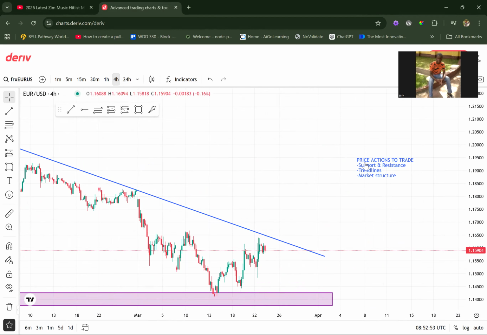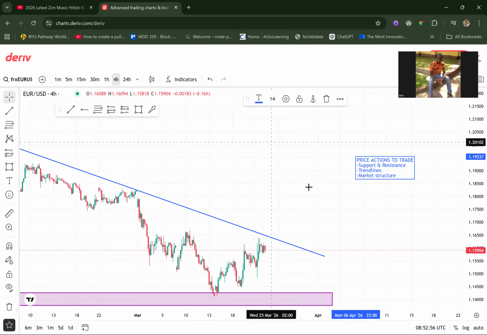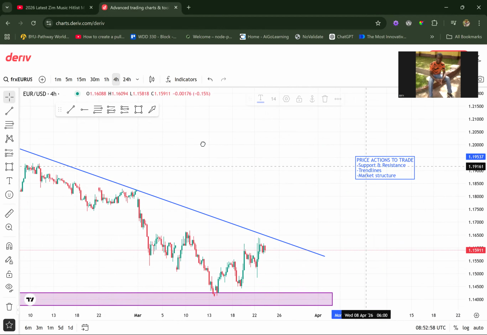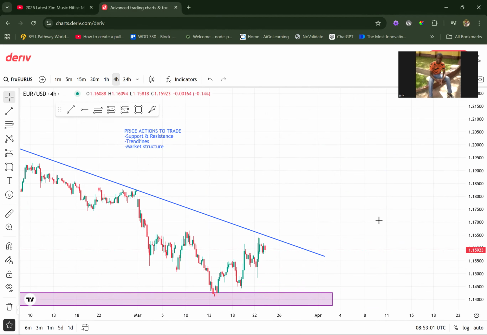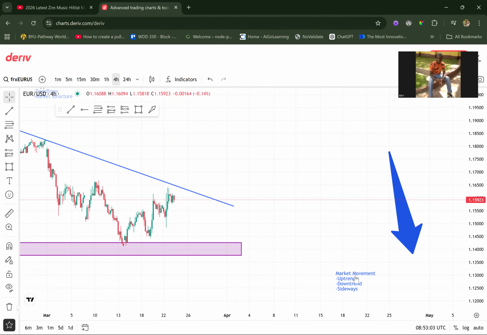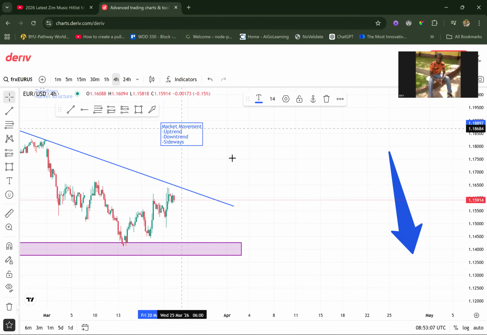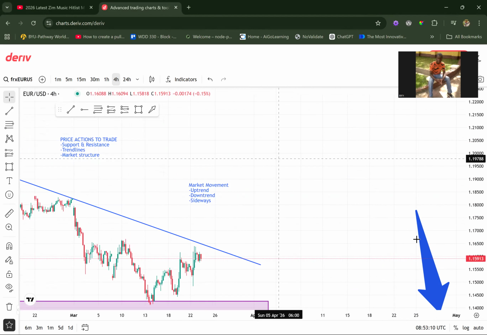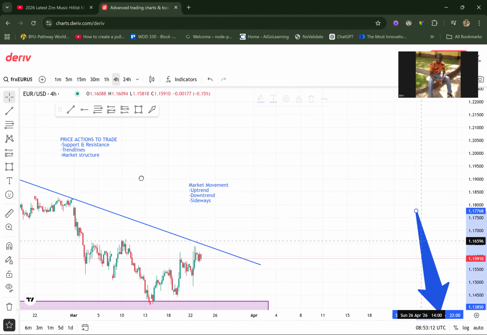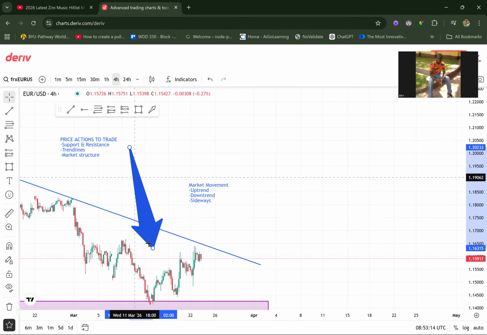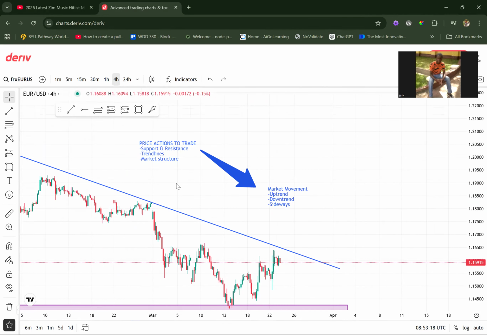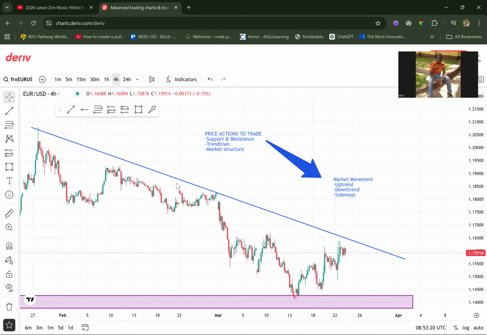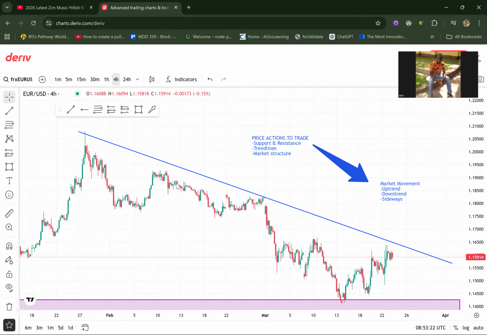Let me move these so that you'll be seeing these a lot. As you can see right now, I have this first touch and second touch here.